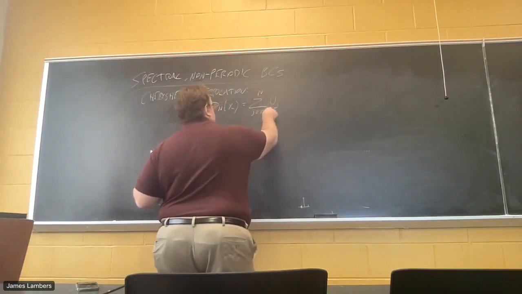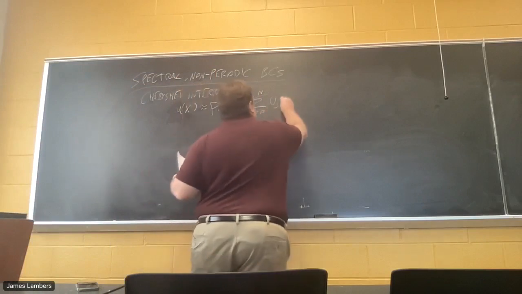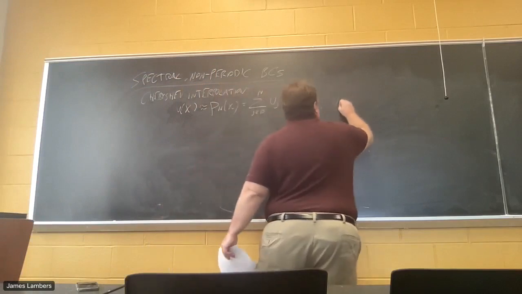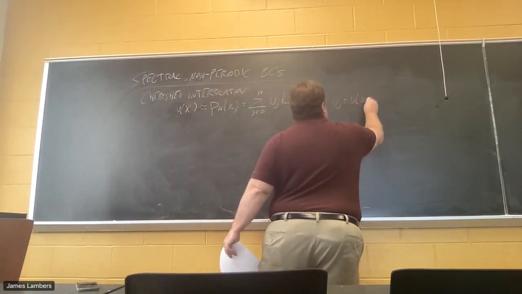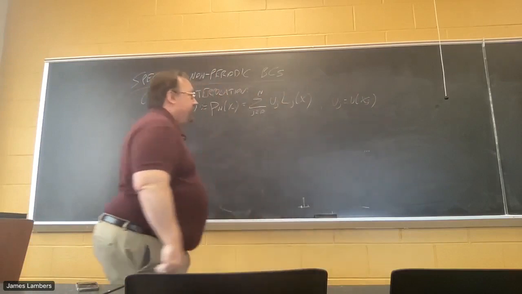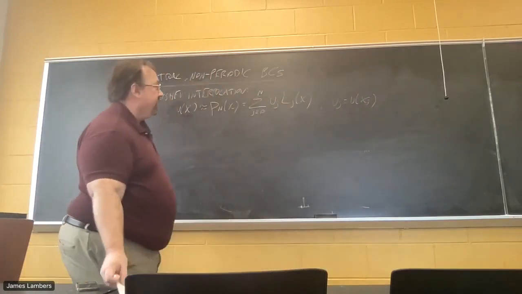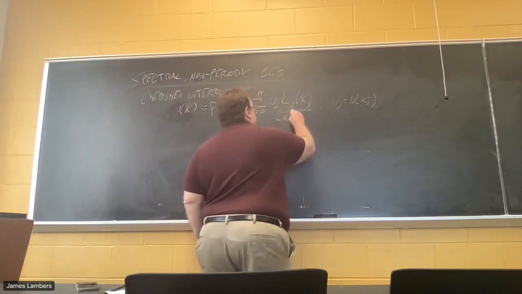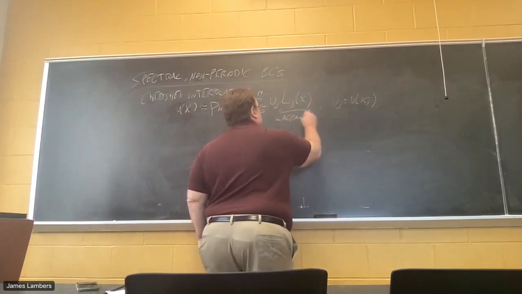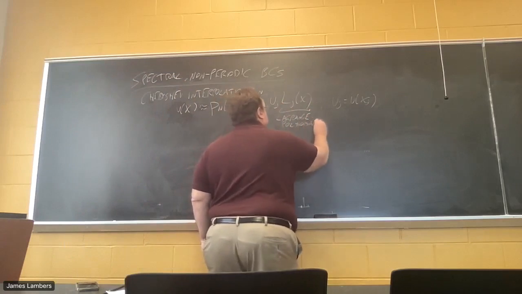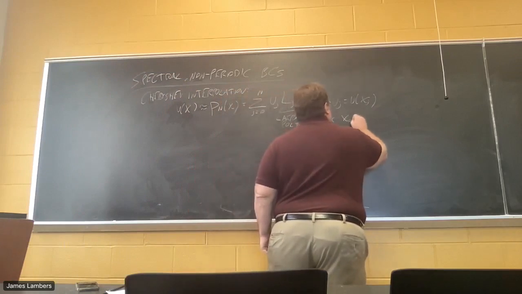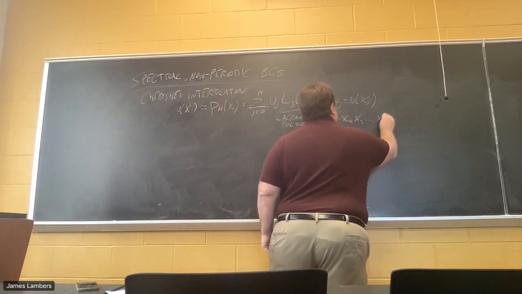So the coefficients are just our function values. So uj is equal to u of xj, the value of u at the Chebyshev point that I defined earlier. And these are Lagrange polynomials for all our Chebyshev points.